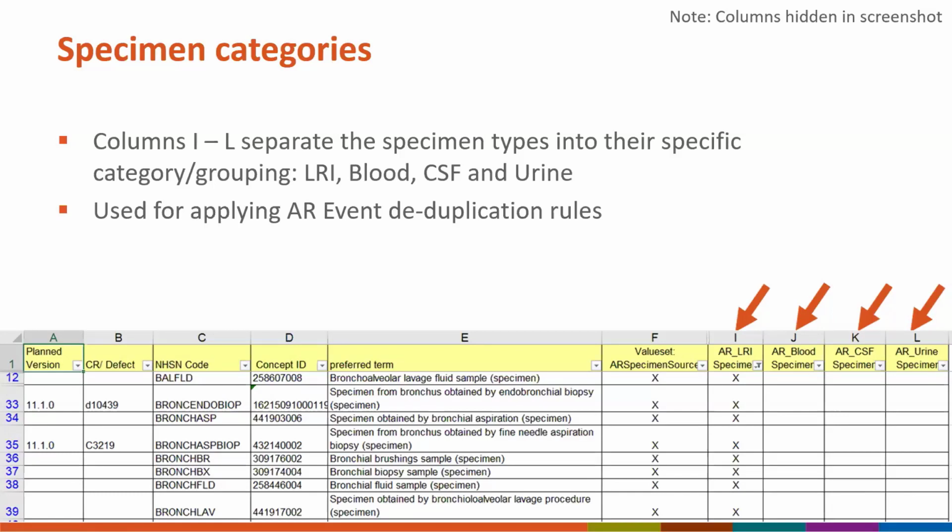These buckets are used for applying the AR event deduplication rules. There are reporting rules for the 1 per month or the 14-day rules that require you to know which bucket the specimen type is falling into.